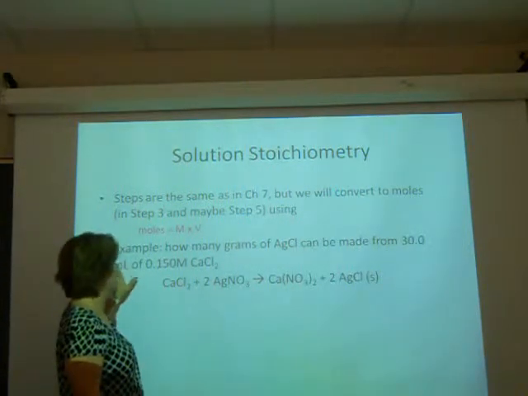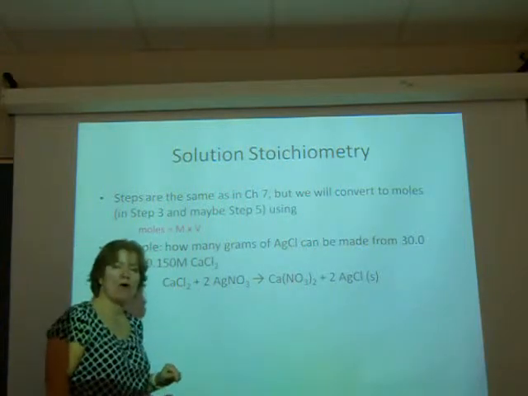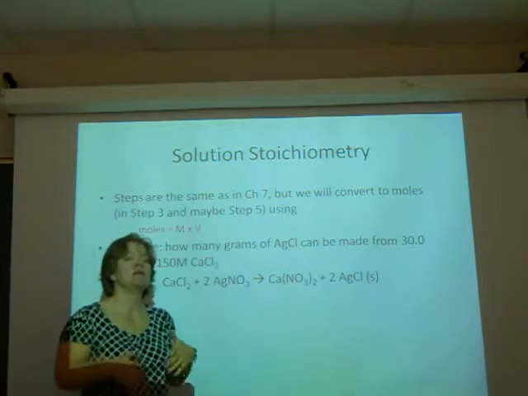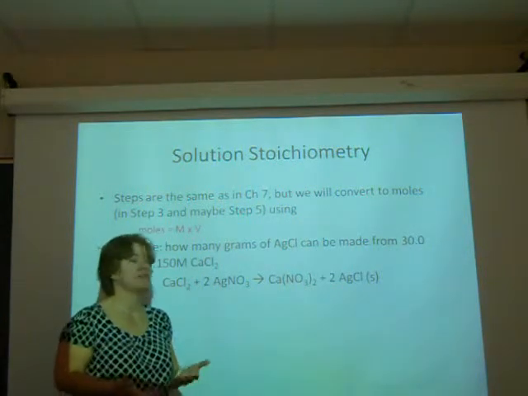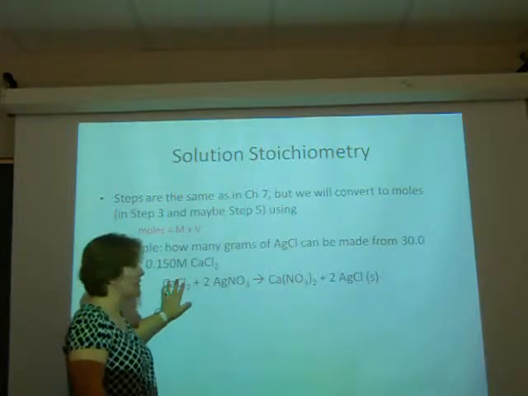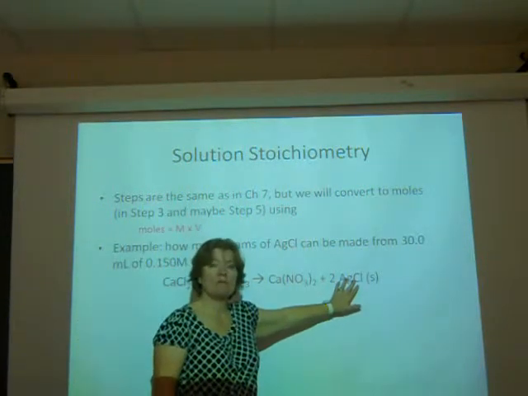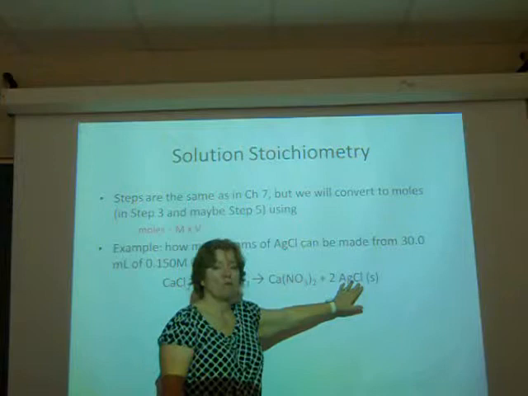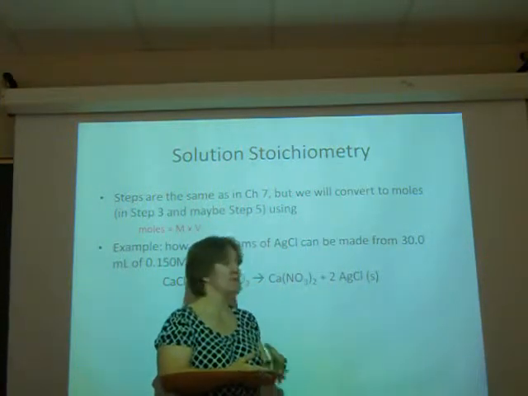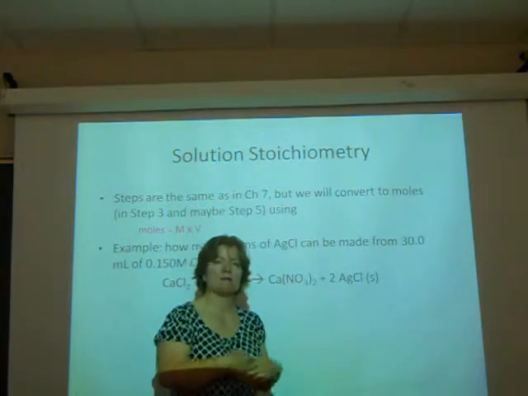They're giving me volume and molarity of calcium chloride, which is enough information to calculate the moles. And however many moles I have of this, I'm going to have twice as many moles of AgCl. If I knew how many moles that was, I could figure out the molar mass and multiply by that to find out how many grams.